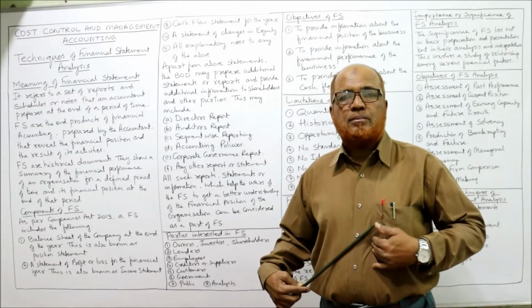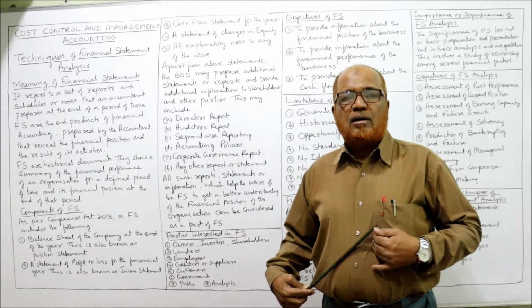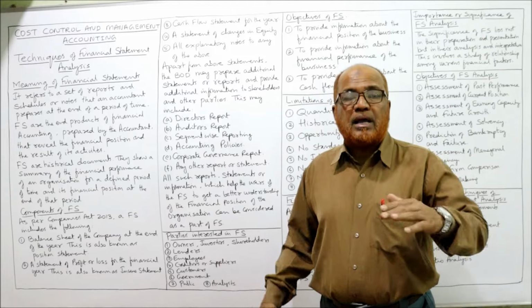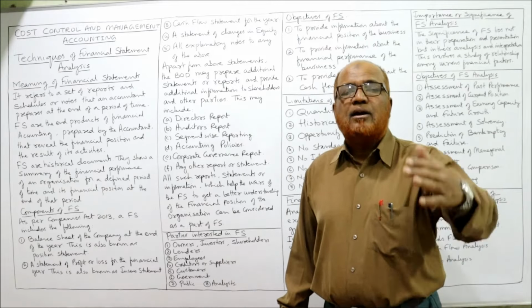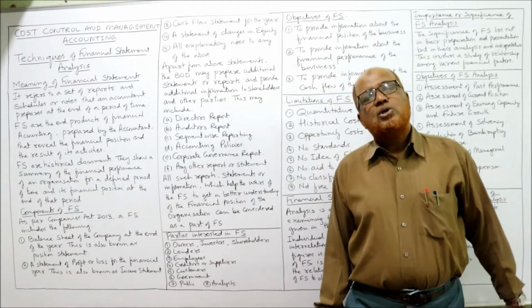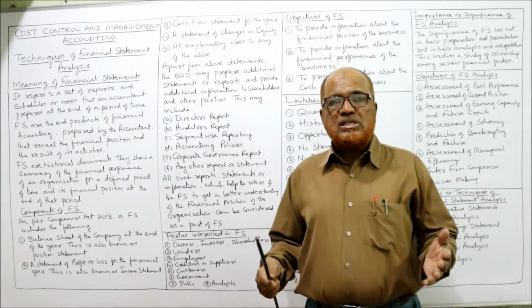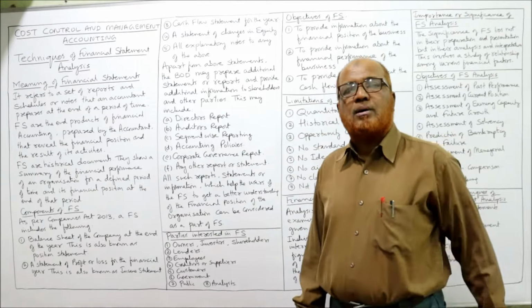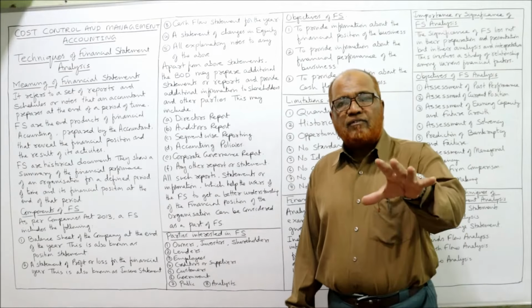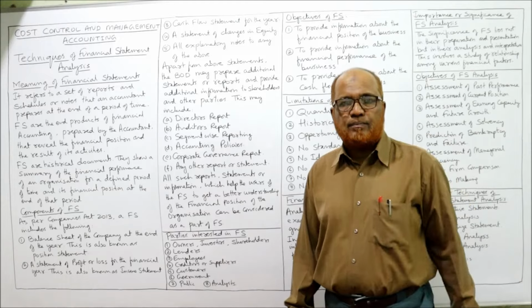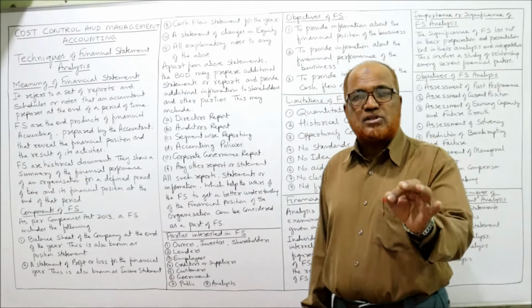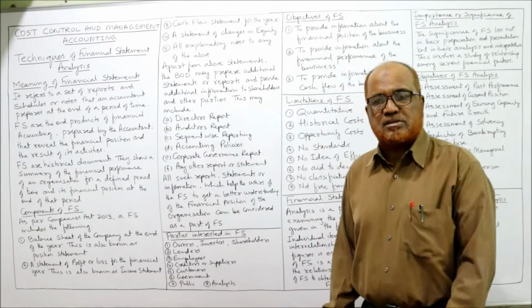Suppose I am the investor, prospective investor. Presently I have not invested, but I am proposing, intending to make the investment in the company. So before making the investment, I want to see the financial position of the company. Only after analyzing the financial performance, I will decide to invest. So investors are the first persons who are interested in the financial statements.